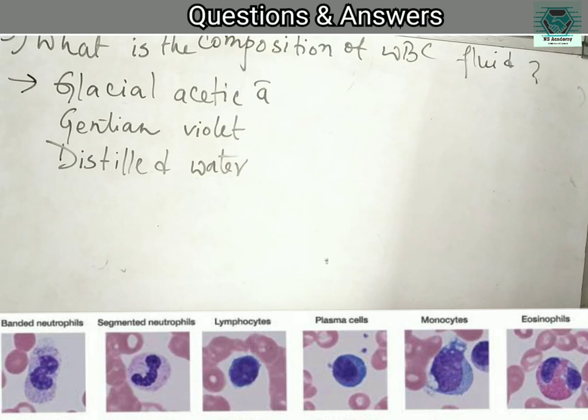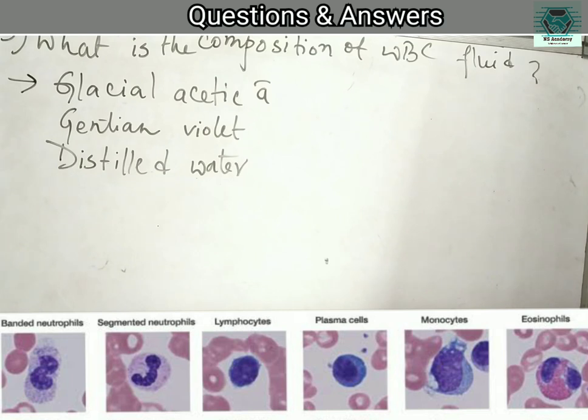So what is the role of acetic acid? Actually, acetic acid causes the hemolysis of RBC, because when you collect the blood it contains both RBC and WBC. So when you apply the WBC fluid, the acetic acid present in it destroys the RBCs.